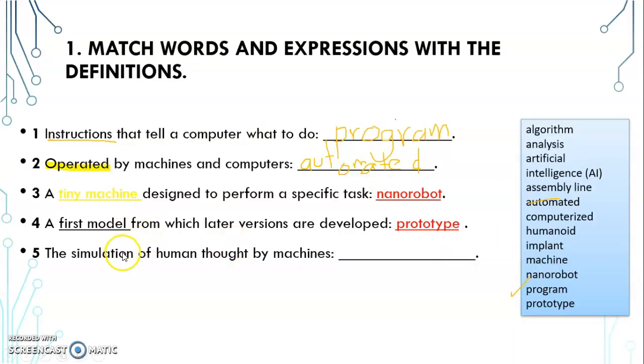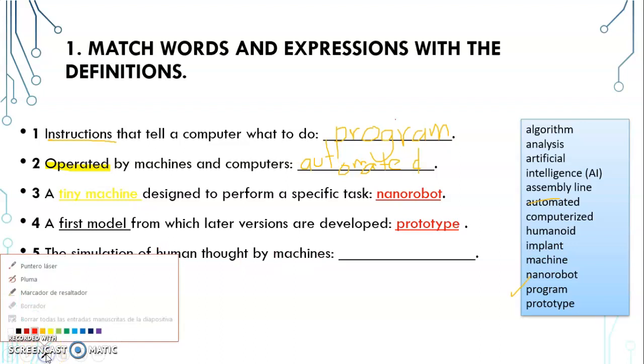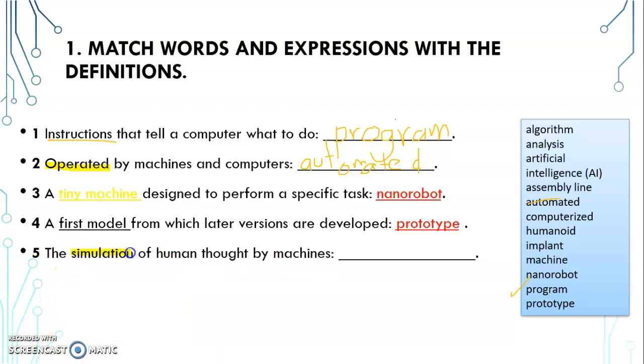So, the simulation of human control by machines. Okay, the keyword is, do you know what it is? The simulation. Yes, the simulation. Okay, so this automated we use as well. Nanorobot we use.